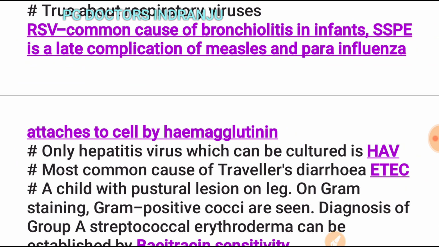SSPE questions are many times asked: the late and rare complication of measles, and it attaches to the cell by hemagglutinin.